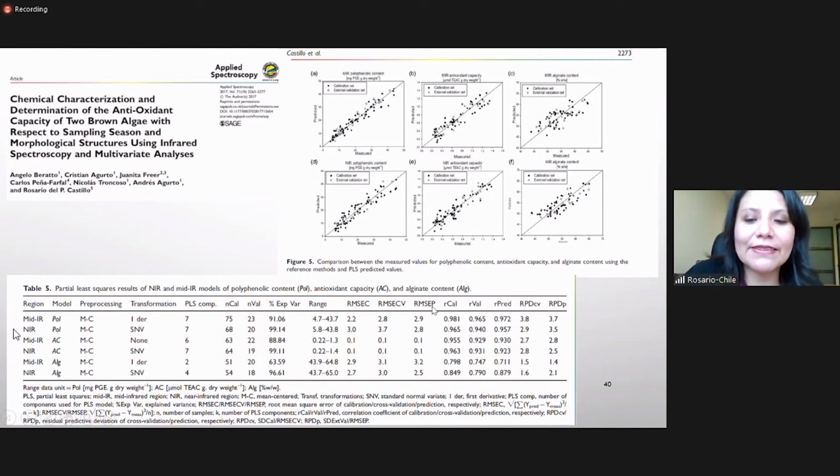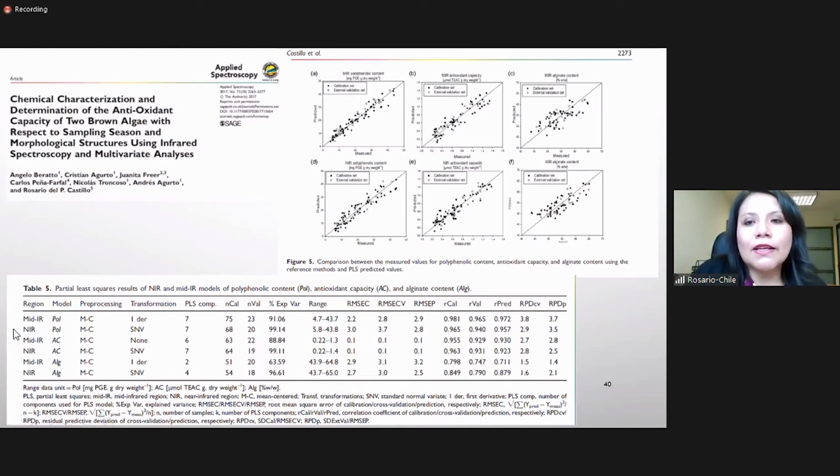So maybe the most important factor here is to see the error obtained in the prediction of future samples. For example, here, this model has a 2.9% of error, 0.1% of error in this range of the property analysis.